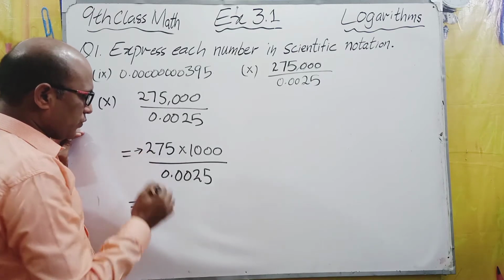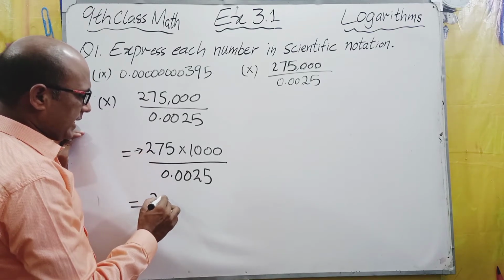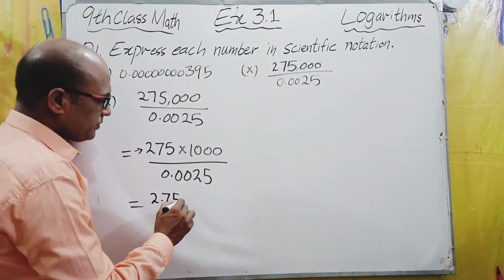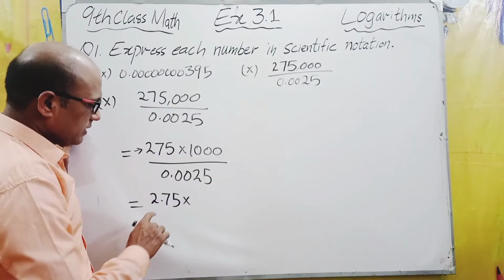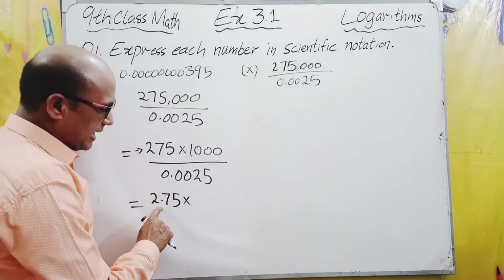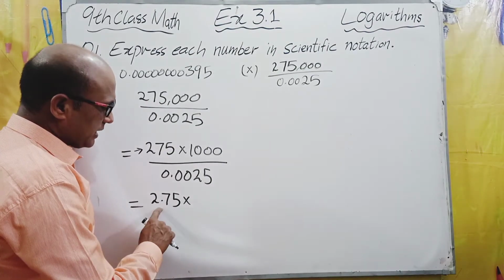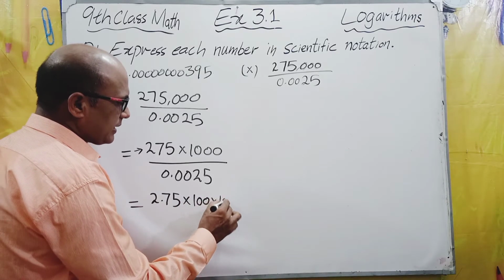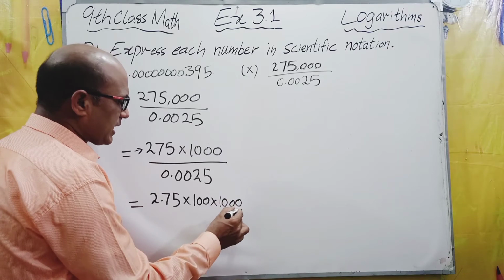So after 2 we'll put a decimal. It will become 2.75, and because there are two digits after this decimal, we'll write 100 here, multiplied by 1000.